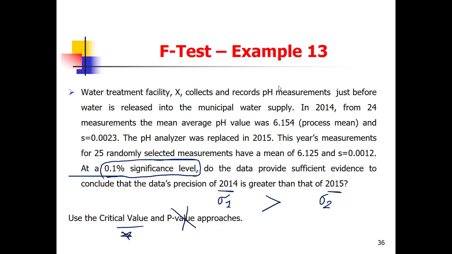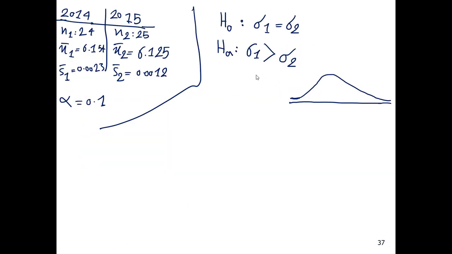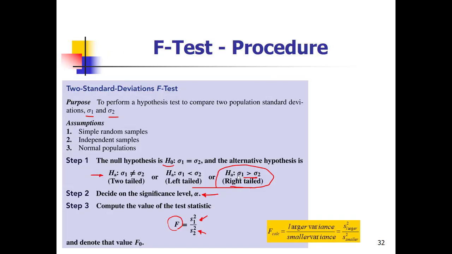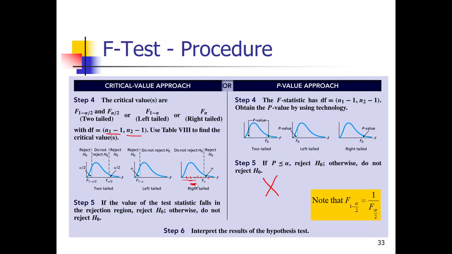Let's look at the table. Sigma 1 bigger than sigma 2. This is my table. Sigma 1 bigger than sigma 2 is right tail. Again, I have to use this curve. Be careful that this F table or F curve is not symmetric anymore.